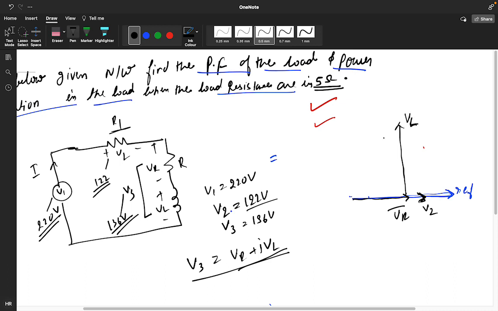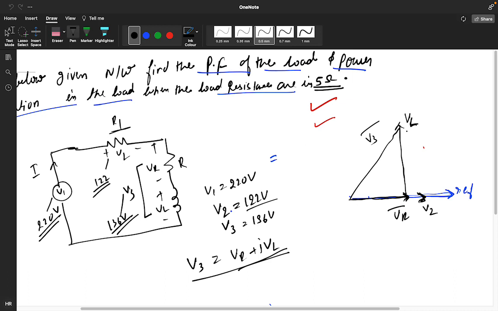And what about V3? V3 is the combination of VR plus VL, right? So we have a VR value here and a VL value here, so somewhere here you will get the V3 value. And what about your V1 value?